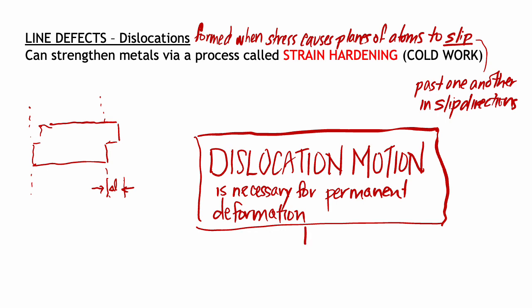So if we want to strengthen a metal, all we have to do is prevent the dislocations from moving.